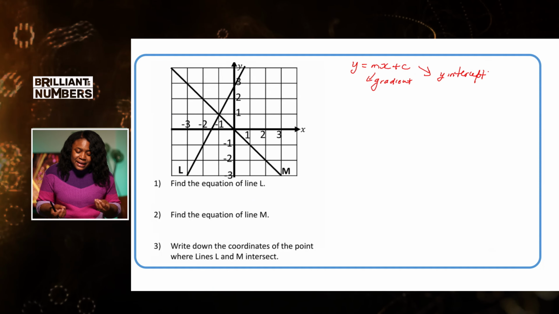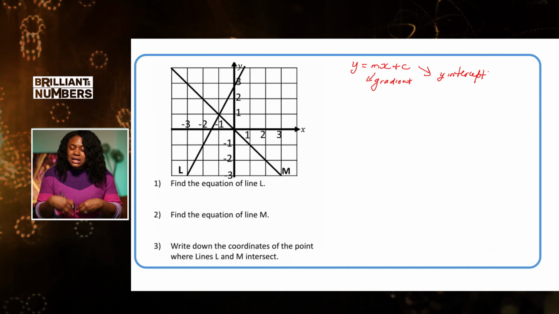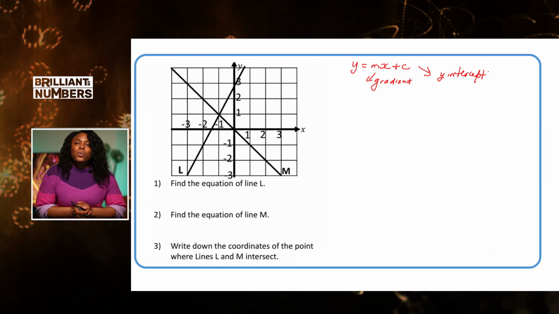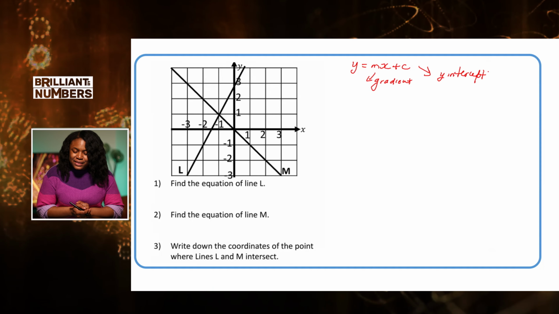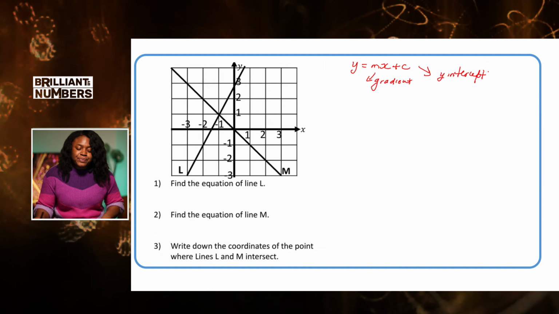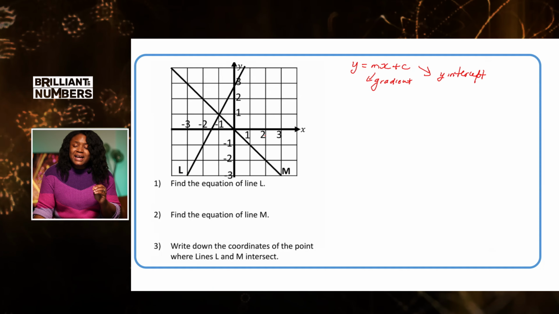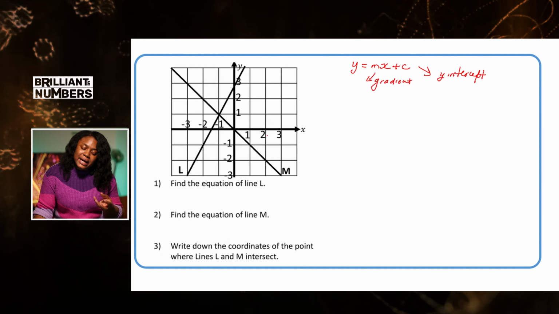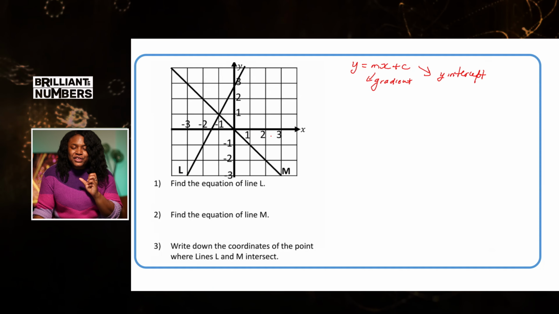In order to write the equation of line L, we need the gradient m and also c, which is the y-intercept. Once we've got that, we just need to put it all together in the equation of a line. Another very important part before we start finding the gradient and writing down the y-intercept is to look at the orientation of the line.